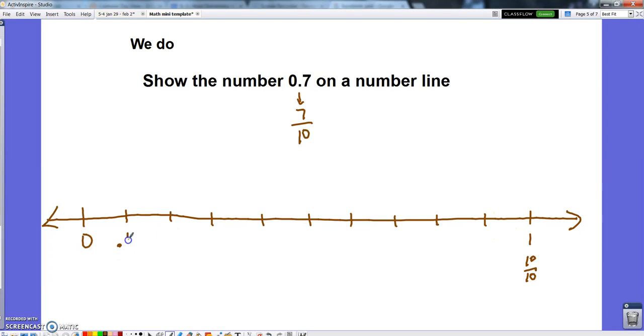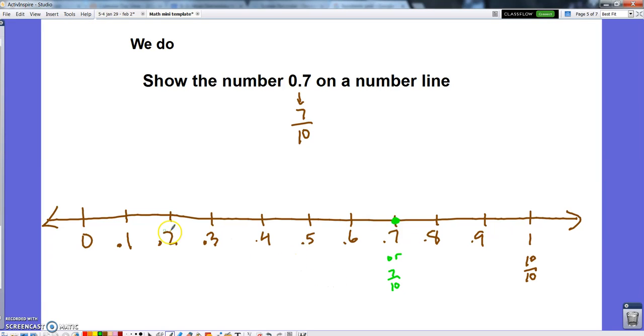And I'll go ahead and label them. 1/10, 2/10, 3/10, 4/10, 5/10, 6, 7, 8, and 9/10. And then once you've got that, all that's left to do is make your mark at 7/10. There it is. That is 7/10 or 7/10. Same thing either way. 2 different ways to write the same thing.